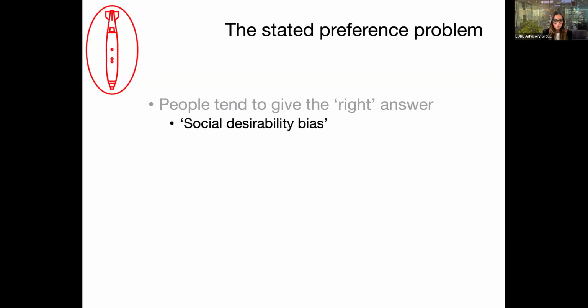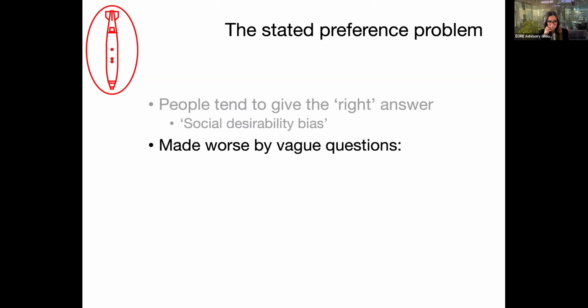This is also known to sociologists as something called the social desirability bias. If you ask people what they watch on television, they will tell you that they watch interesting, useful programs, not so much cat videos, for example, if they think that is the right answer. So this is a recognized problem generally inside social science. We can make it worse by asking vague questions. Do you feel safer?